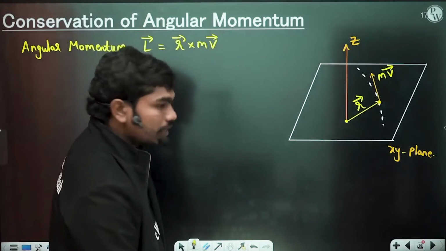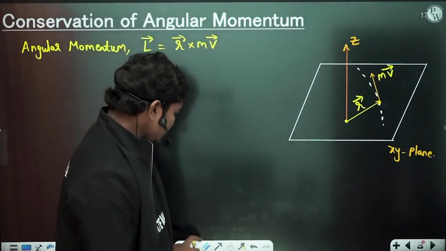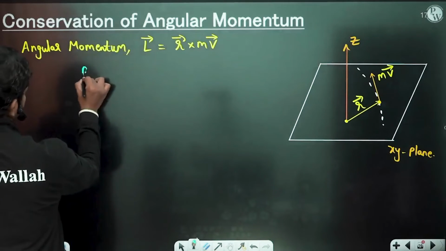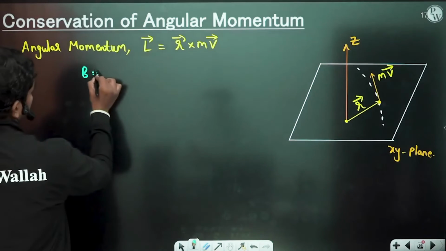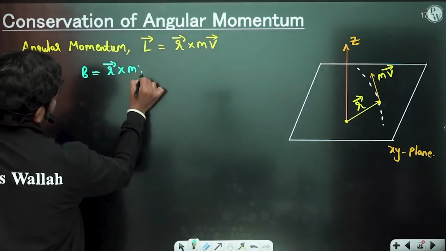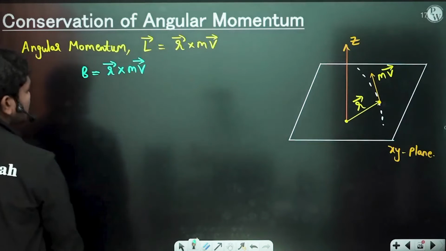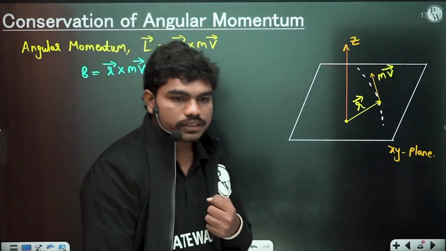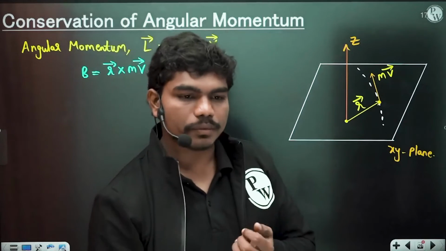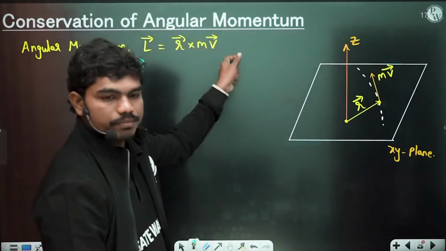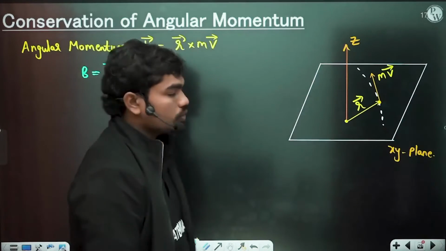Now if this is the angular momentum, let us suppose B is this case. So B is equal to r bar cross m v bar. Sorry, r bar cross the momentum, which is the momentum for any particle traveling at velocity v.